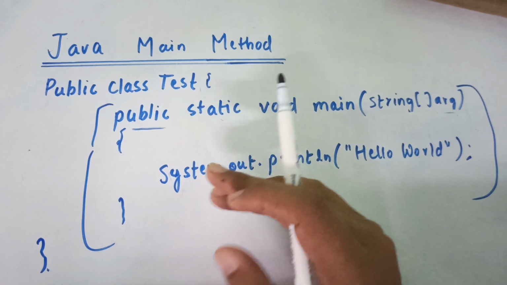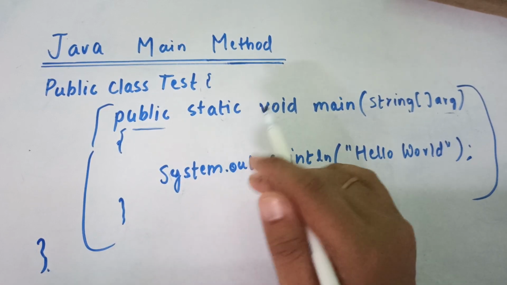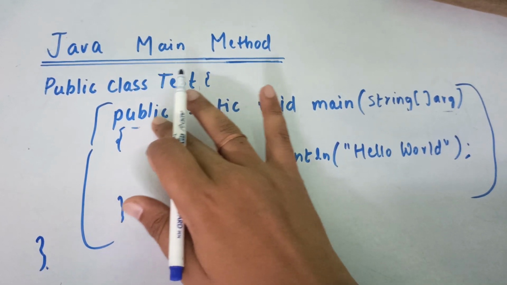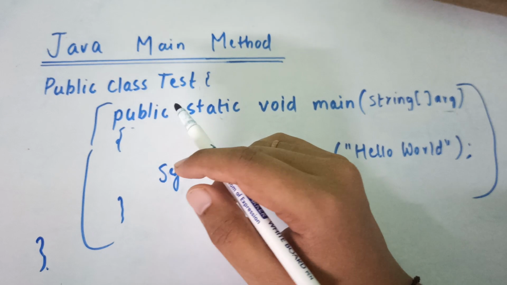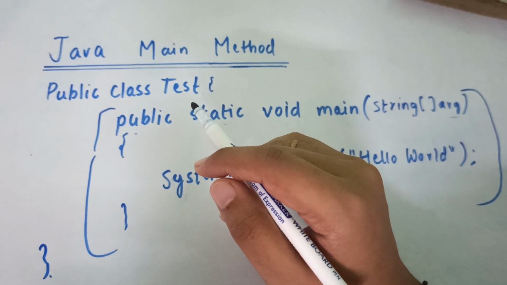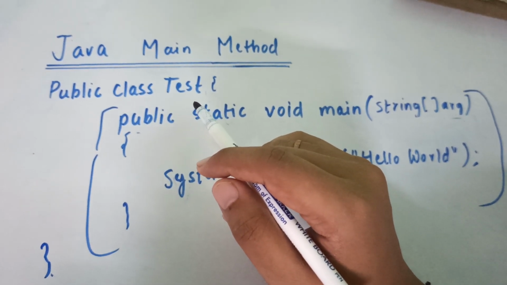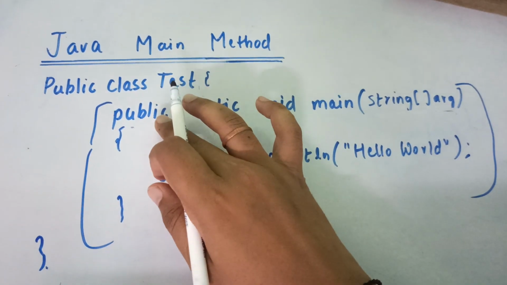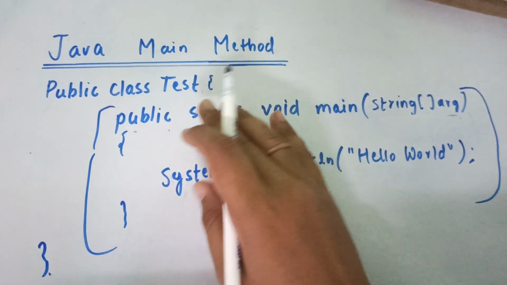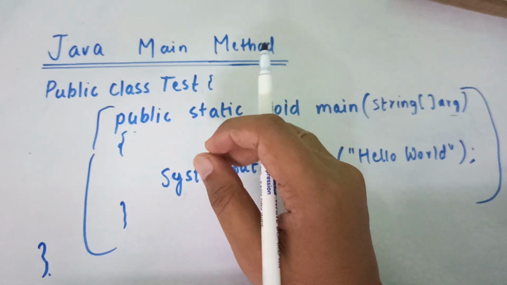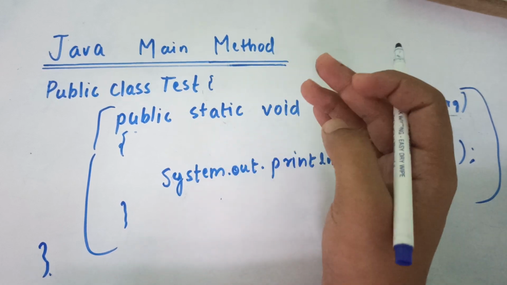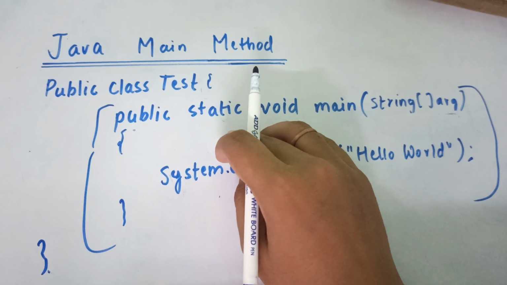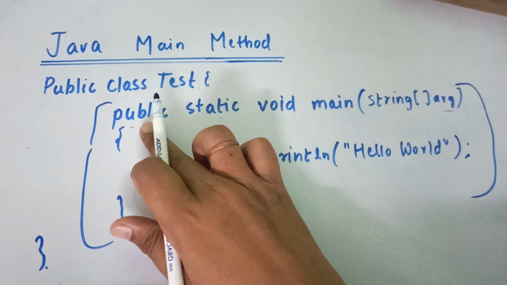In the following code, if we remove this public keyword and run this code, you will get an error like the main method not found in class. If you remove this public keyword, you will face an error saying that the main method cannot be found because it is restricted. Understood? So that's why it has to be public.